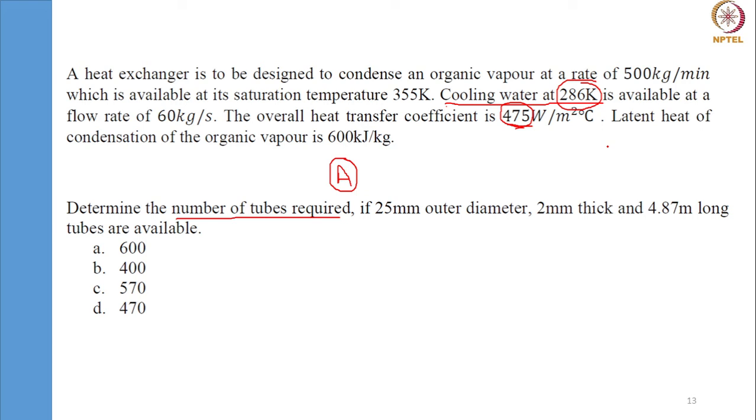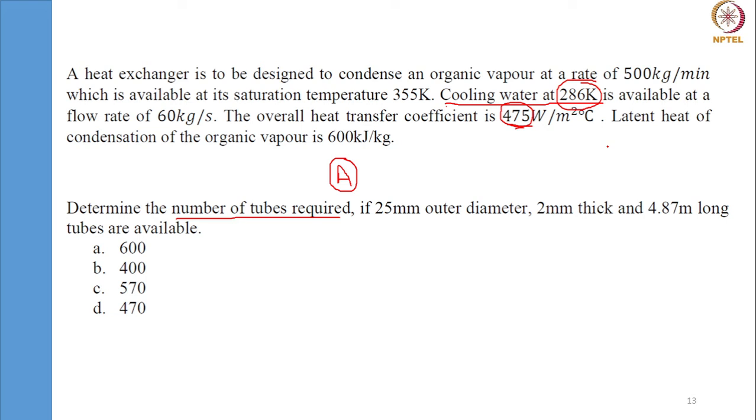I think it is 224 Kelvin. 224 is no, it will be more than 286, right? Because we have an organic fluid which is condensing, so water will gain heat. So definitely it will be more than 286 Kelvin.